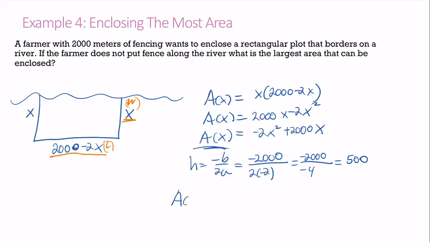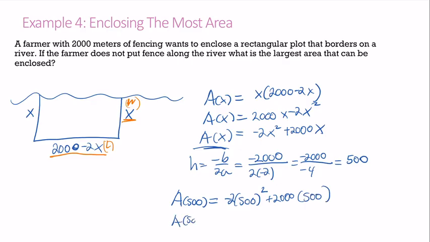So I have A of 500 equals negative 2 times 500 squared plus 2000 times 500.